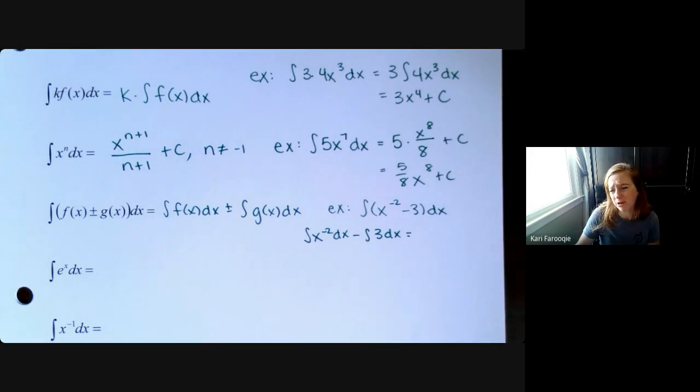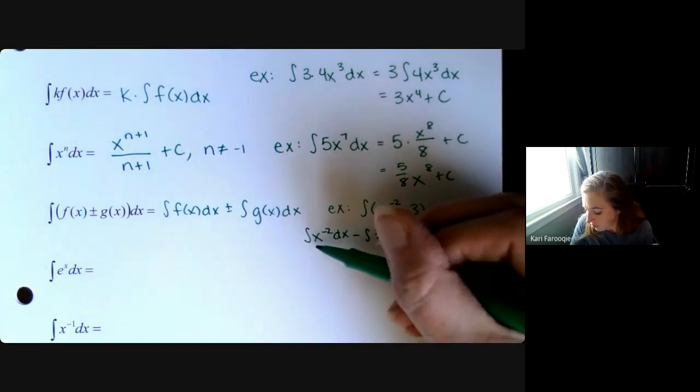Now, if you're like, why would I do that? You don't have to do that. This would be something that I might do if one of the terms was a lot more complicated. I might split it off into its own integral so I could really focus on it separately. And in a case like this, you probably wouldn't use this rule.